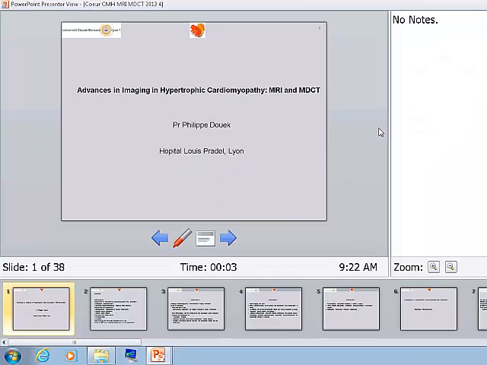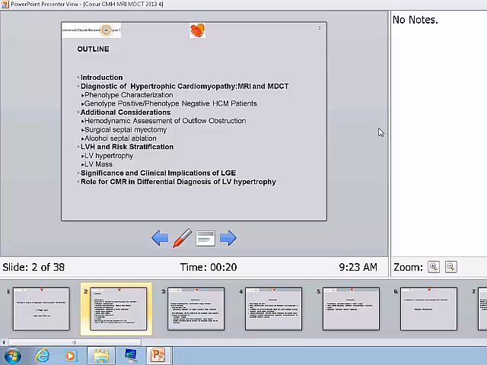So I was asked to talk about advances in imaging in hypertrophic cardiomyopathy, and mainly I will focus my talk on MRI and MDCT. After an introduction, I will try to review the different phenotype characterization using MR and CT, and the use of MR and CT in genotype positive and phenotype negative.